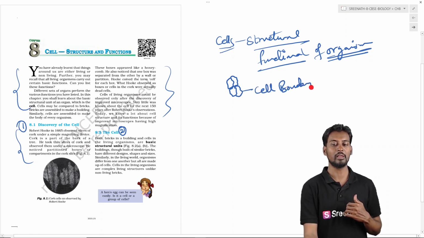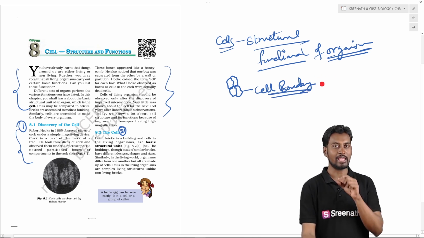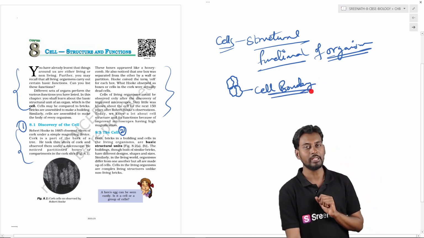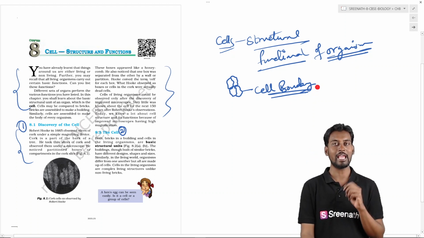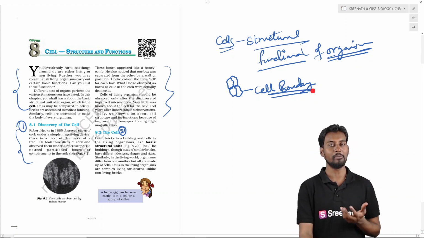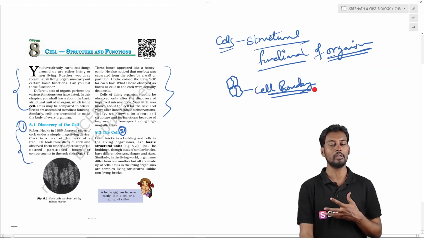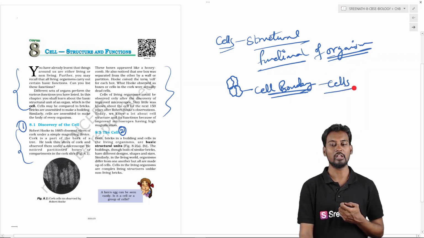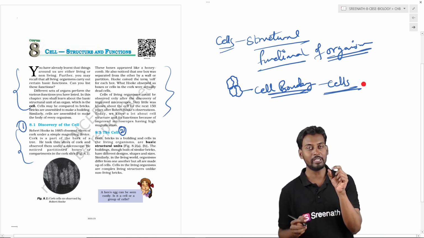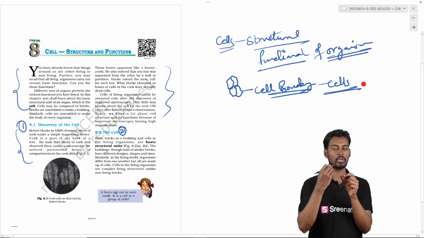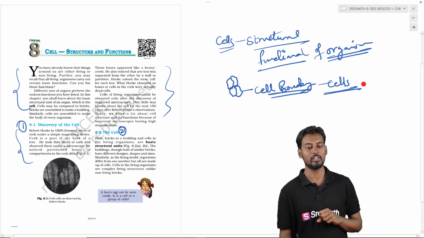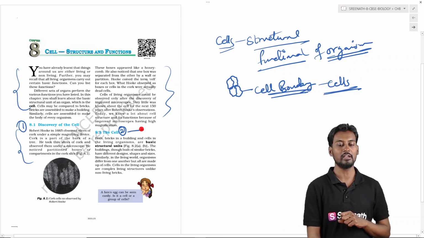So the boundaries cover the empty gaps or empty cavities, and these are what are called cells. These cells are nothing but empty cavities covered by the boundary of the cells.